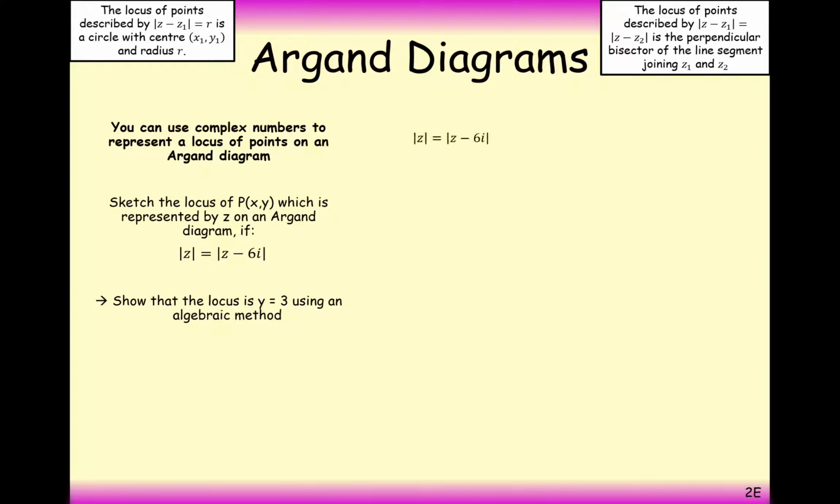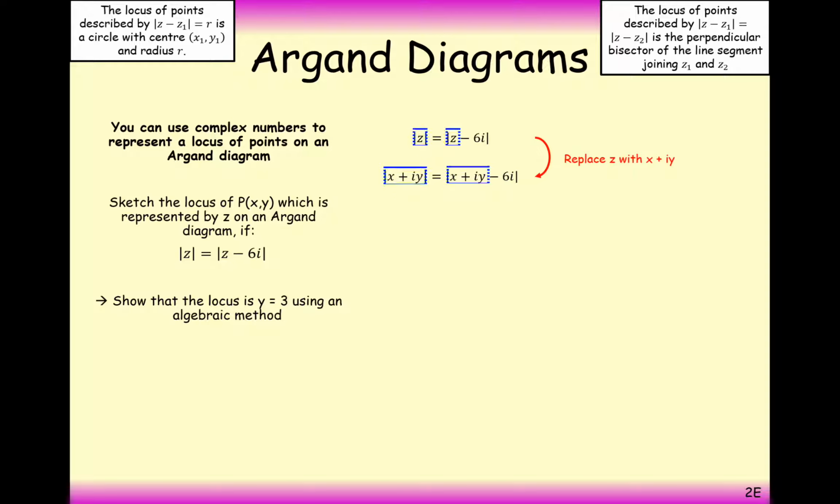Alright, so how can we show this using an algebraic method this time? Well, if we think about z as the number x plus yi, we've got the modulus of x plus yi equals the modulus of x plus yi minus 6i.